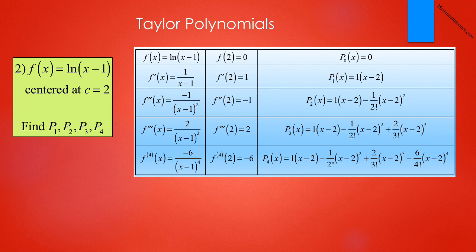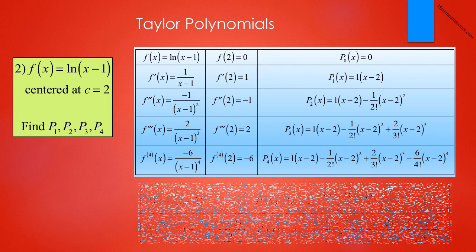And finally, our fourth derivative is negative 6 over x minus 1 to the fourth. Our fourth derivative at 2 is equal to negative 6. So our fourth degree Taylor polynomial is our terms from the third degree Taylor polynomial plus the new term, which is negative 6 over 4 factorial times the quantity x minus 2 to the fourth.